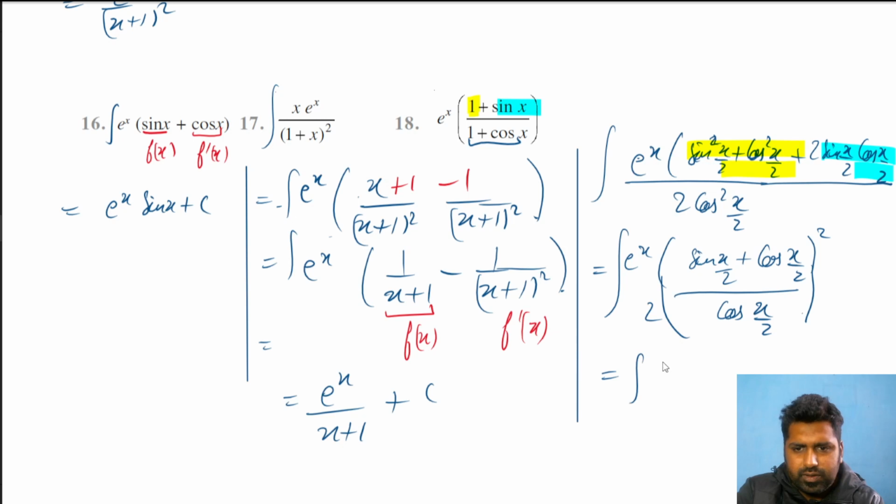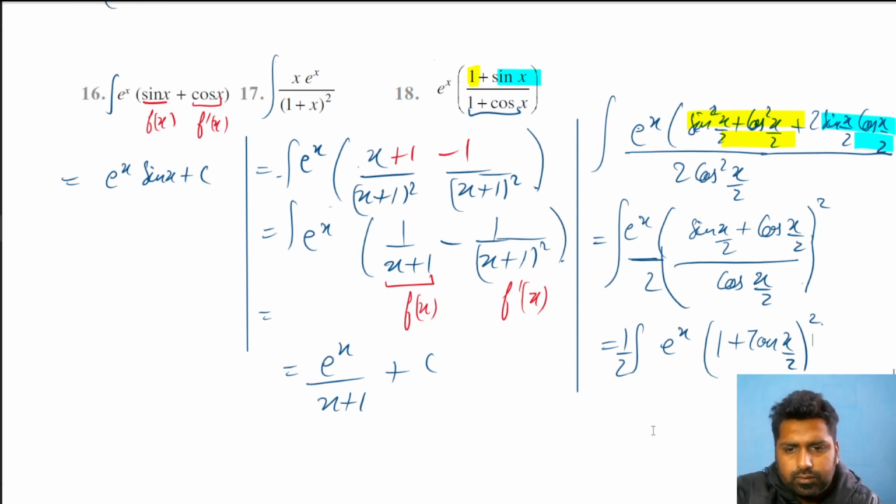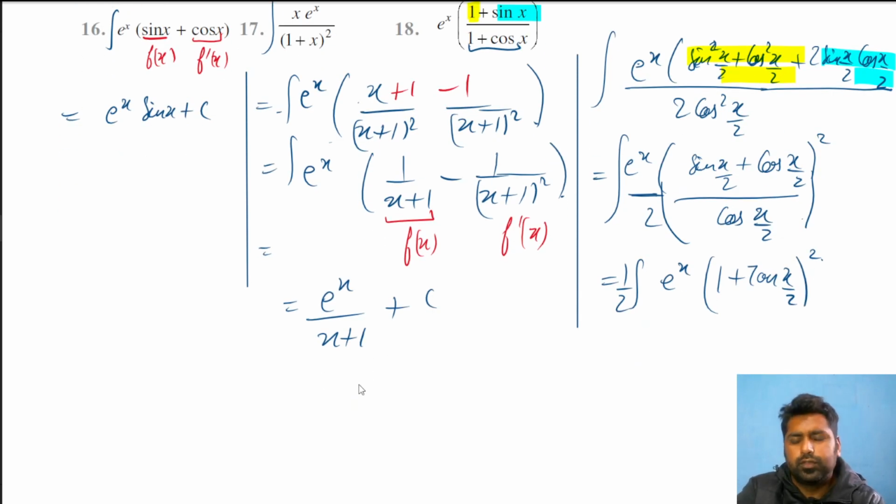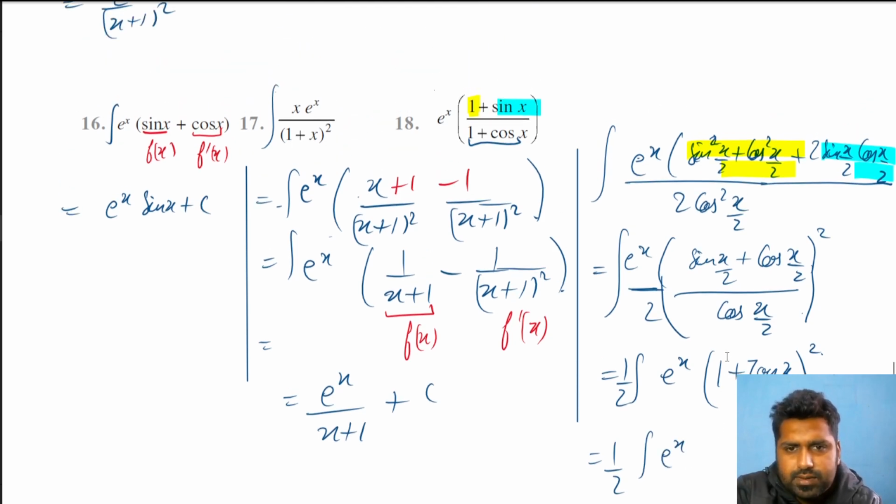Now 2 in the denominator, so I'm writing 1 by 2 outwards. e raised to power x, this is nothing but 1 plus tan x by 2 whole square. So what if we open this integration e raised to power x, let's get some space.